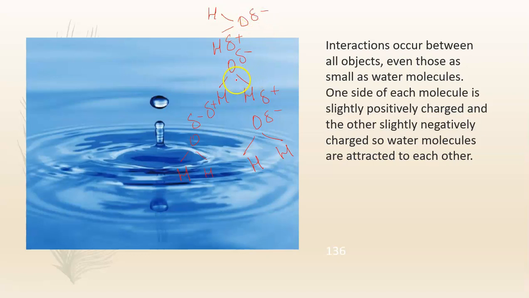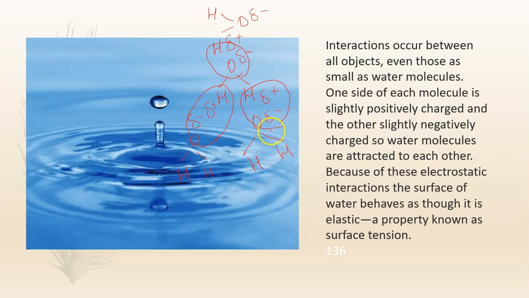So this means that each side of the water molecule has either positive or negative charge, and then they can attract each other like this, or here, or here. So these water molecules are attracting each other, so that makes the interaction.